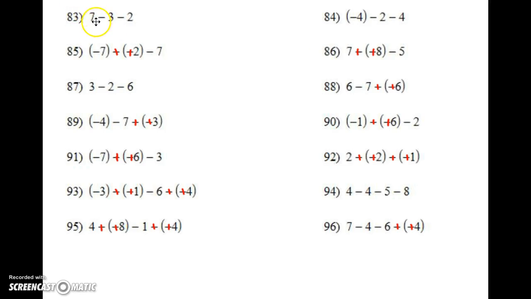All right, so for 83, it helps to write these out since there's a lot of terms there. So we've got 7 positives, and then we've got 3 negatives, 1, 2, 3, and then 2 more, 1, 2. So cancels, cancels, cancels, cancels, cancels, and we're left with positive 2. So the next one here we have negative 7, and let's go ahead and write those out.